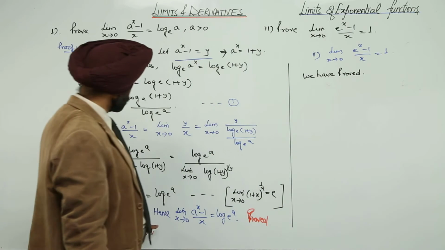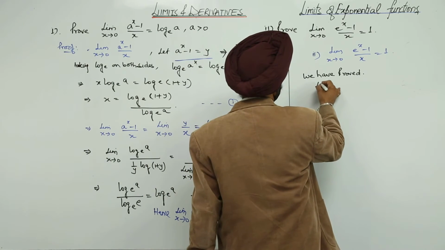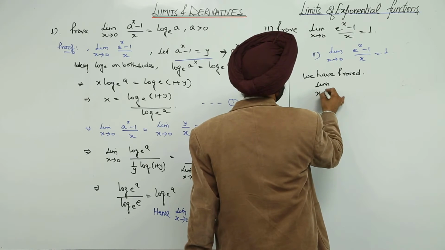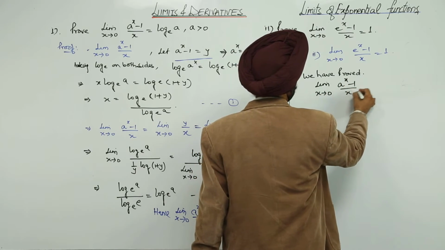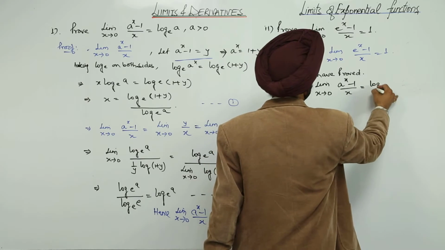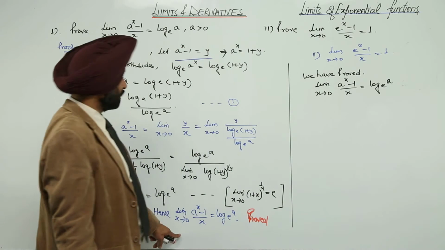We have proved the first part. Okay, this we have proved. Limit x approaches 0, (a raised to power x minus 1) upon x is equal to log e a. Okay, this we have proved.